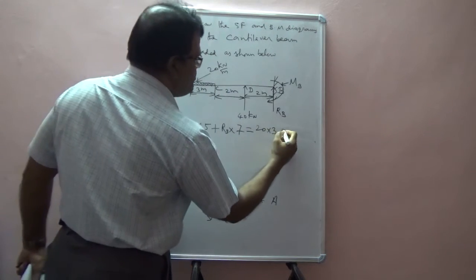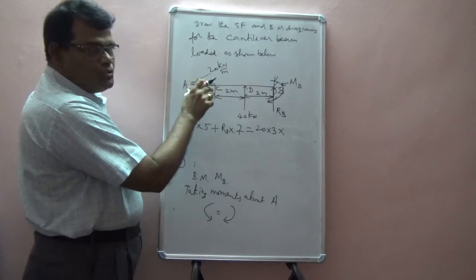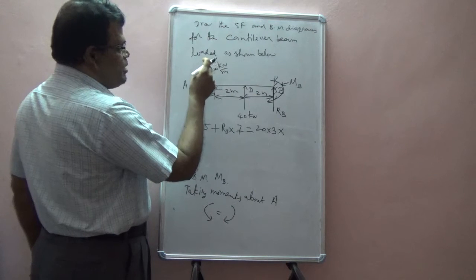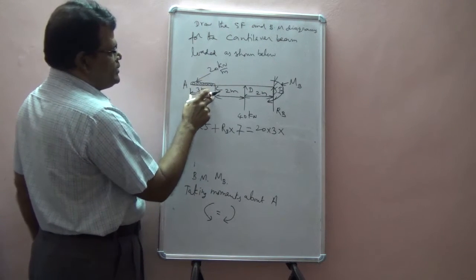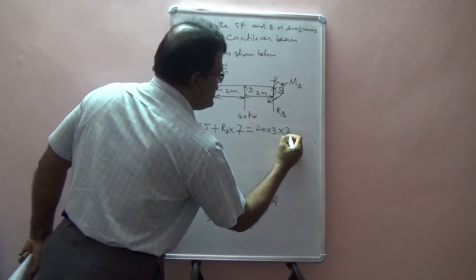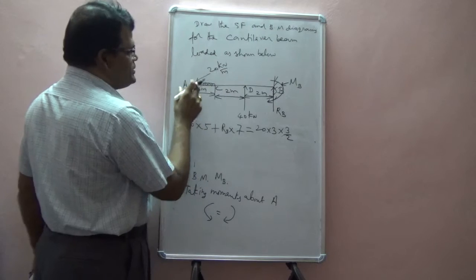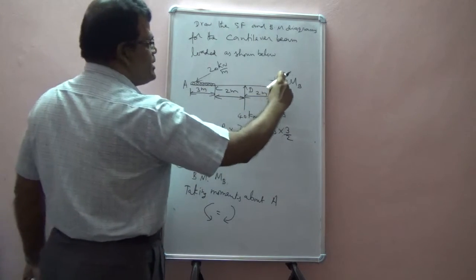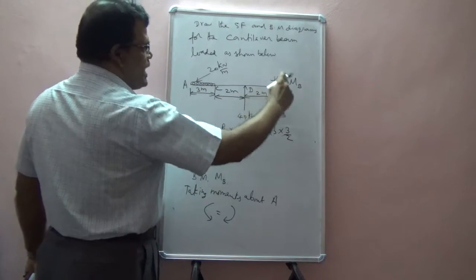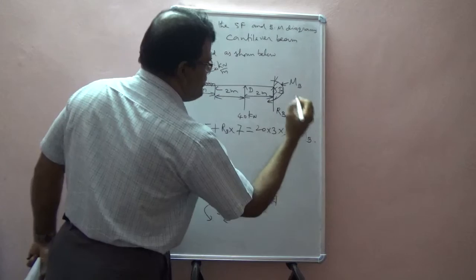So this multiplied by the distance is for the uniformly distributed load. The center of gravity is acting at the center of this 3 meter span, therefore 3 divided by 2 will be the center. So force multiplied by this distance from A, that is what I have taken. The other moment is MB which is acting in the clockwise direction. Therefore that is equal to MB.